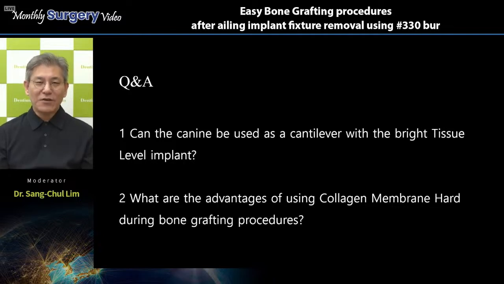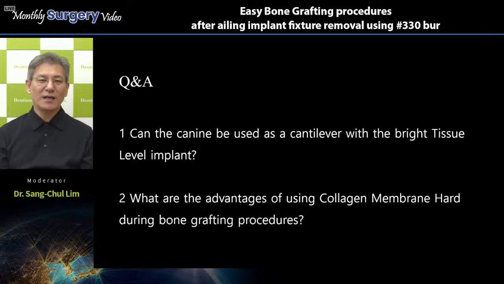Normally, the canine area is very important, as you know, for the canine guidance or the group function guidance within the occlusion scheme. On natural dentition, the canine is an important cornerstone. However, the implant system is totally different.